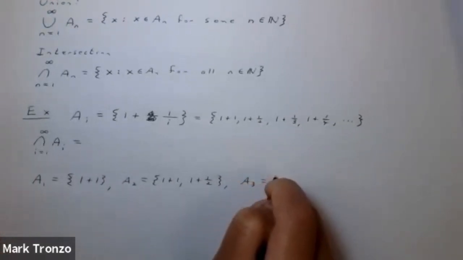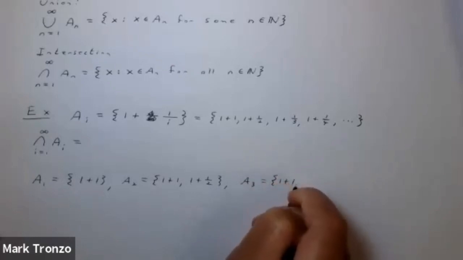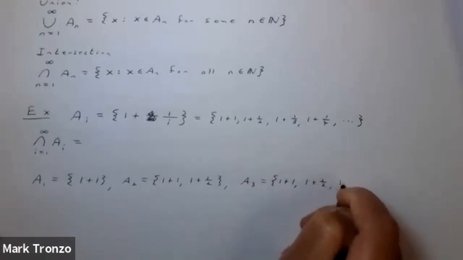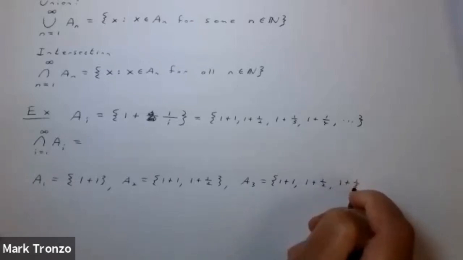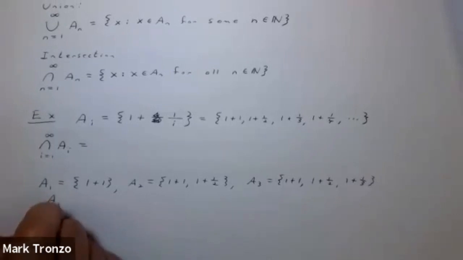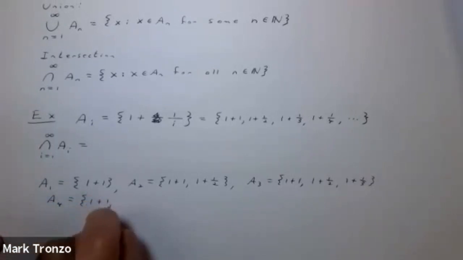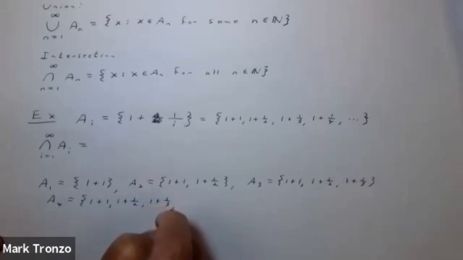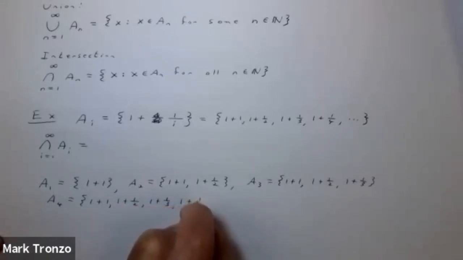A3 would have 1 plus 1, 1 plus a half, and 1 plus 1/3. So these are all separate sets, if we did something like this. I was just trying to think of an example.